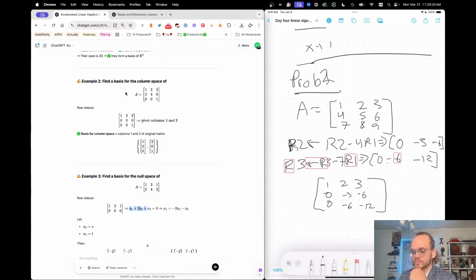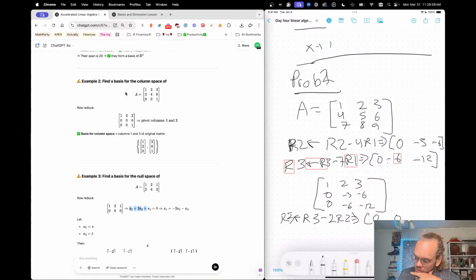And I need to get rid of this -6 now, so I'm going to go R3 is R3 minus 2R2. This new R2 should work because I have 0 there. So negative 6 minus 2 times negative 6 is 0. So it's going to go 0, 0. Oh, and then we have another 0 here.